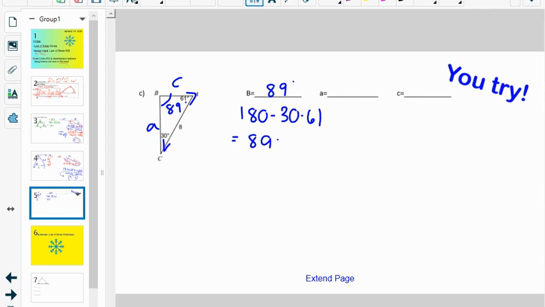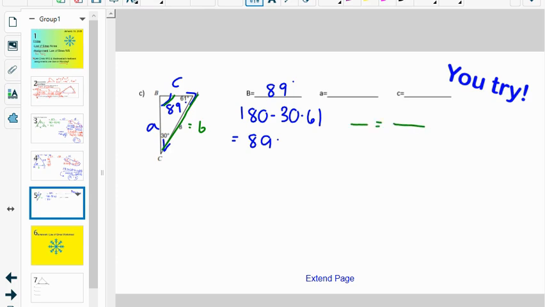All right, now we're missing two sides, A and C. And what I do know here, I know angle B and side B here. So I'm going to use the law of sines, and I'm going to go find side A first.